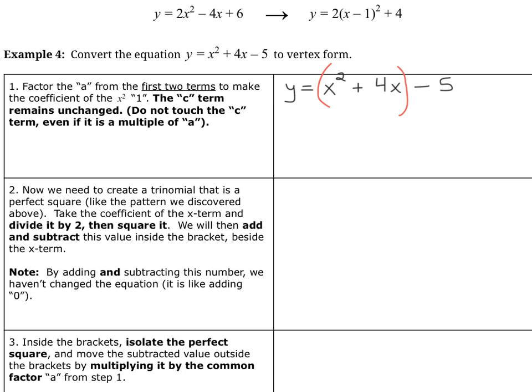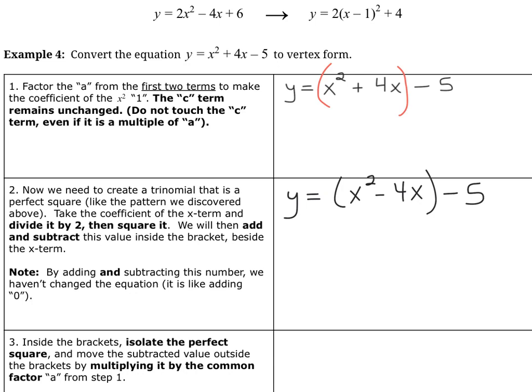That's why in the instructions they tell you not to touch the c term. Again, our a value is 1, so we're not going to pull anything out, because there isn't a point to factoring out a value of 1. So we're going to proceed to the next step.